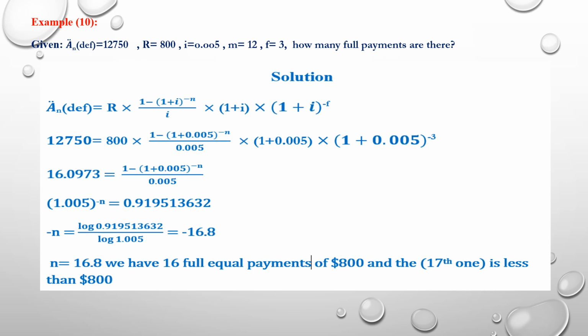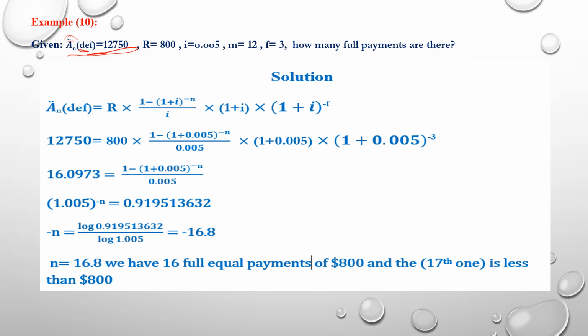Example 10: given the present value of a deferred annuity due. As between brackets, this is the abbreviation of deferred, so this is a deferred one, and a-n, and you have 2.4 here, so this is the annuity due, not the ordinary one.